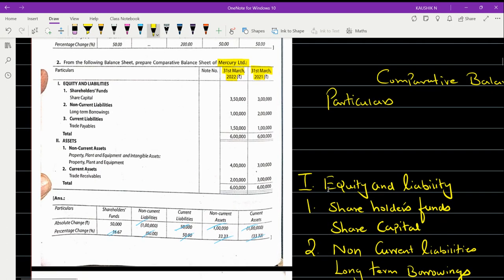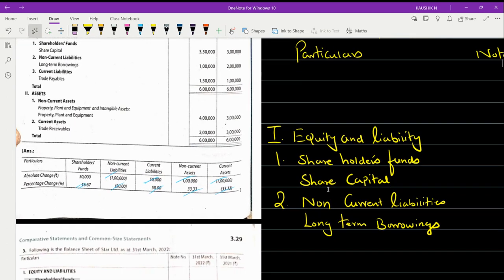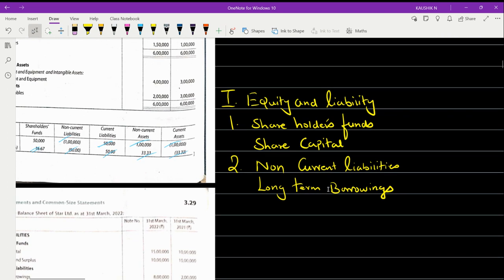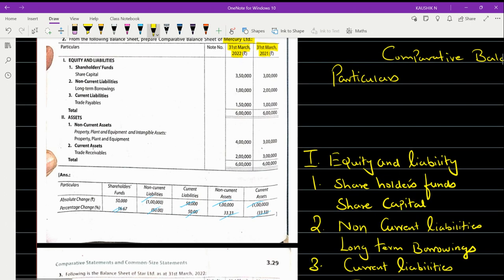Come to the third one, current liabilities, under trade payables. Let's see the values.